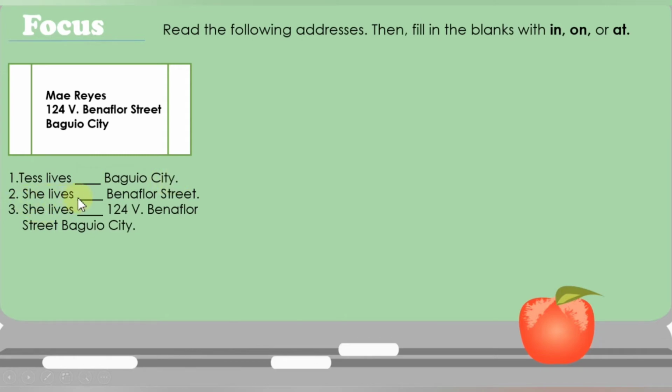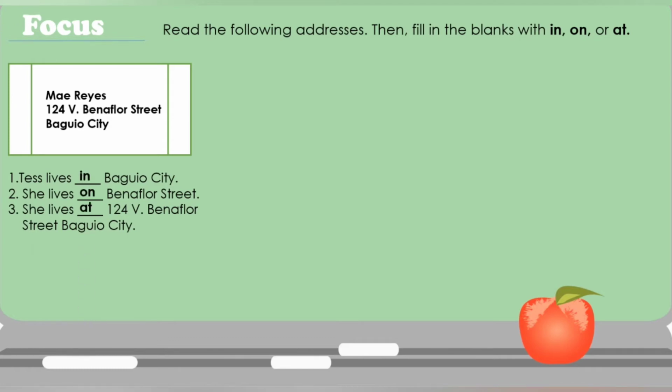She lives blank, Binaflor Street. Number 3. She lives blank, 124V, Binaflor Street, Baguio City. Then, what is the correct one? In, on, or at? Where are we going to put in, on, and at?